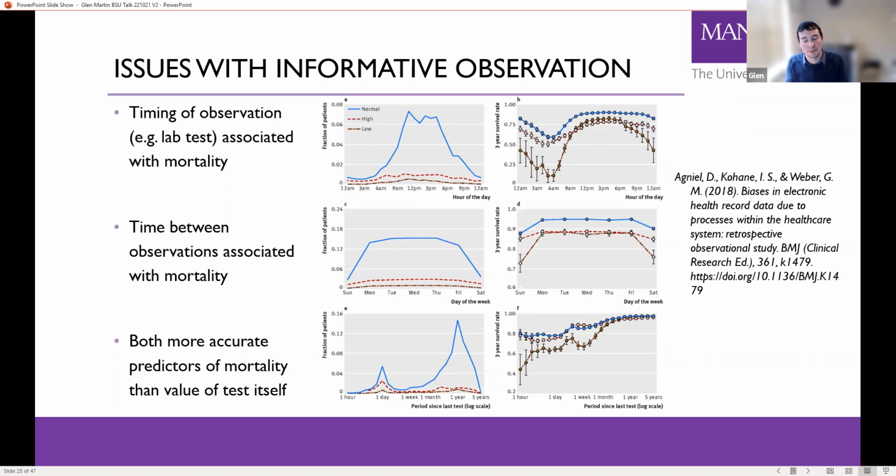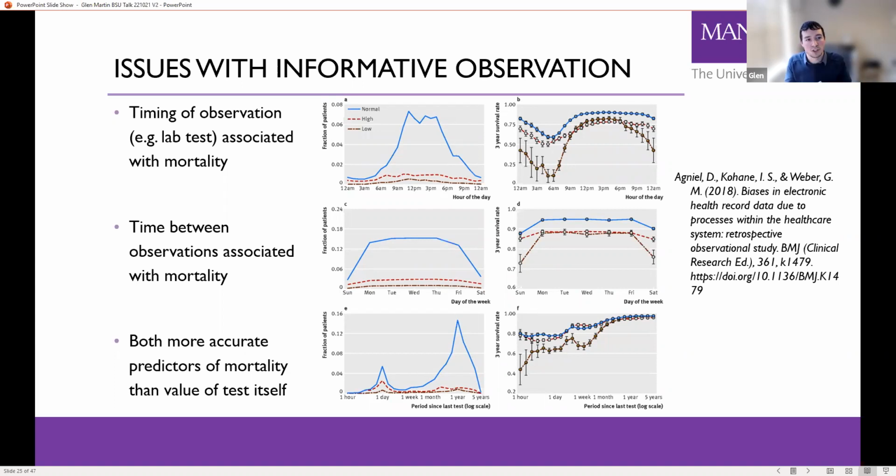So this paper that I'm citing here on the slide looked at electronic health records within an intensive care unit, where they explored how the timing of a particular lab test and the frequency of a particular lab test was associated with outcome.